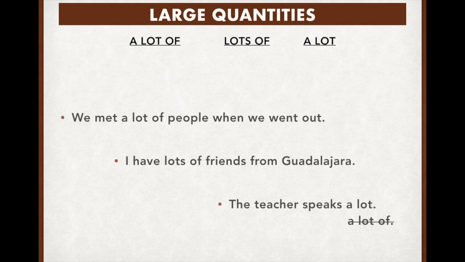Now, when we answer with a large quantity, we use a lot of, or lots of, or a lot. Can you tell the difference between the three? I'll give you a moment to read the examples here. So the first one is we met a lot of people when we went out. I have lots of friends from Guadalajara. The teacher speaks a lot. Do you see the difference?